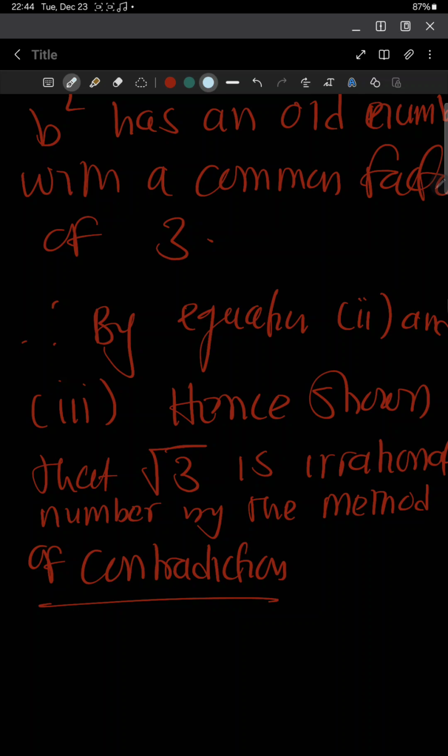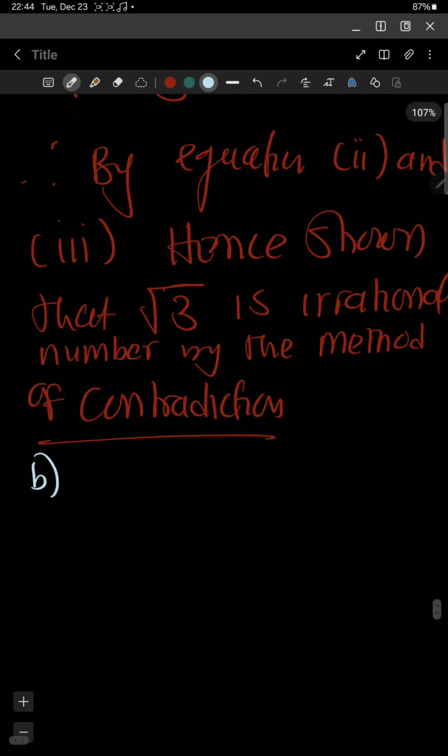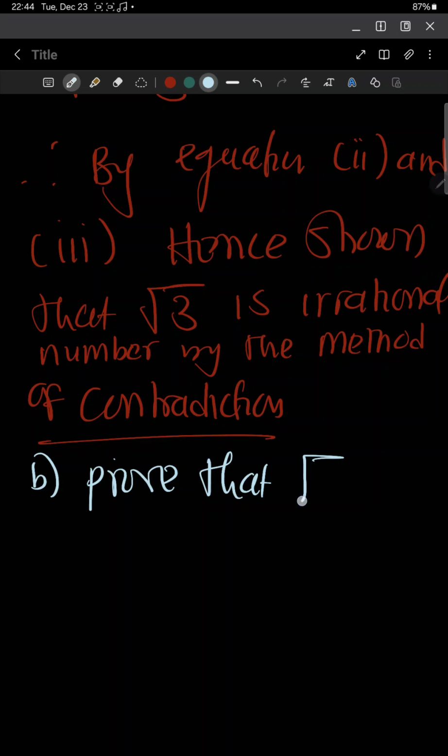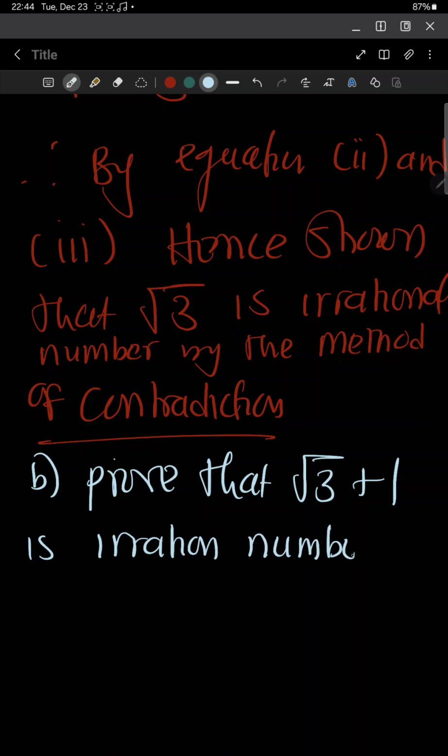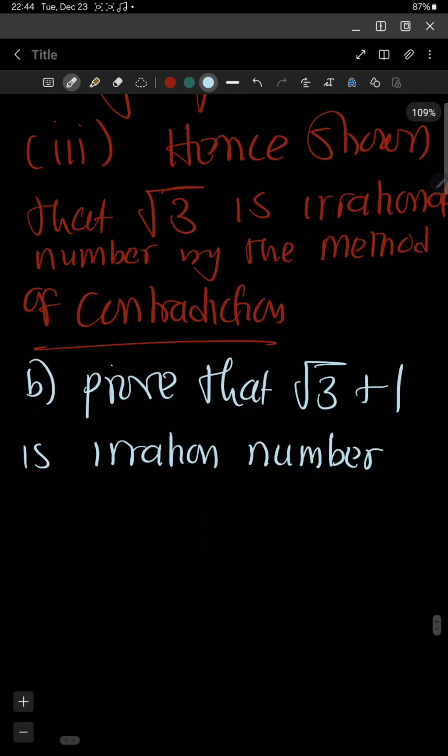So our second example, B, will be: prove that square root of 3 plus 1 is an irrational number. So how can you solve this one?